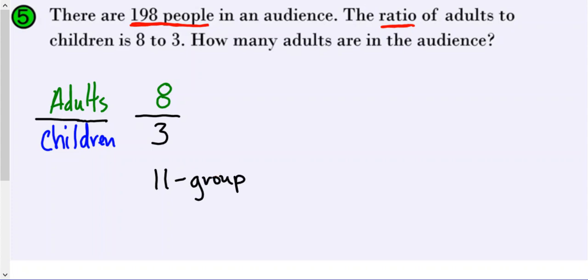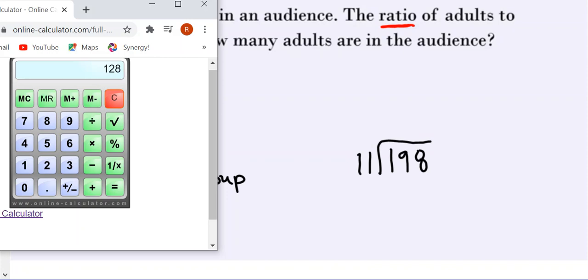Okay, so now, if we know that for every group of 11 people, there are going to be 8 adults and 3 children, then we have to figure out how many groups of 11 there are in 198. So we're going to have to take 198 and divide it by 11. If we use our calculator, we get 198 divided by 11 equals 18.